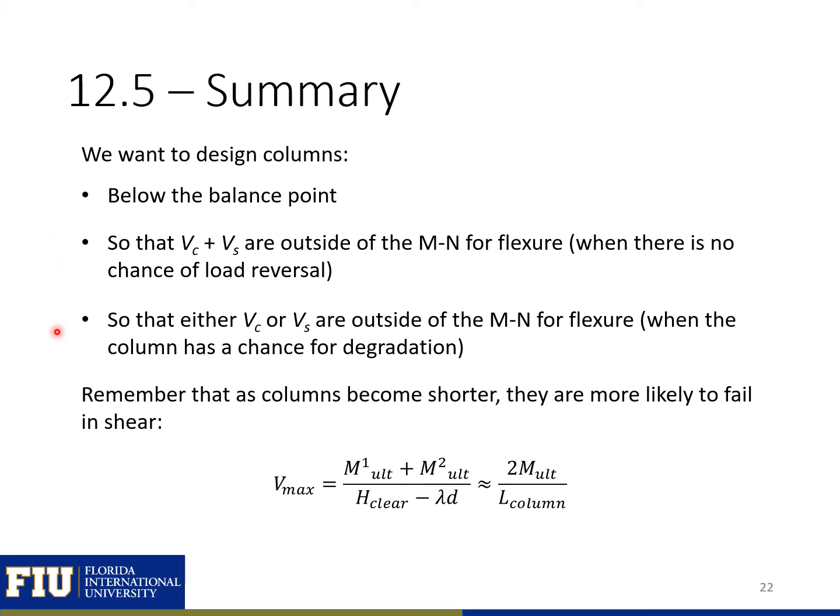If we do expect load reversals and cyclic shear, then we want to design either our V sub C or V sub S to be outside of our moment axial load interaction diagram for flexure. And this will make sure that the column either doesn't crack in shear or it has enough shear reinforcement to resist the shear demand entirely by itself.